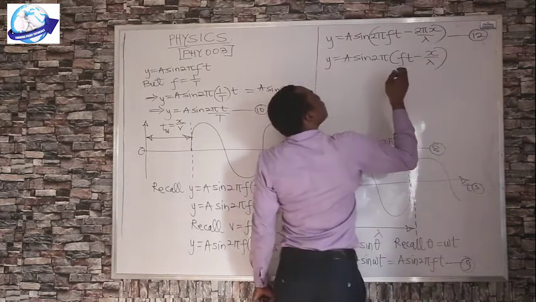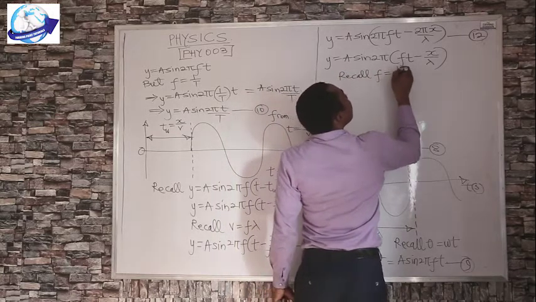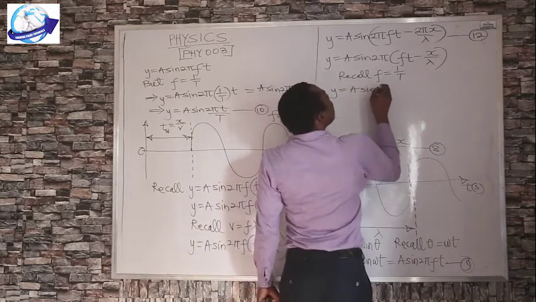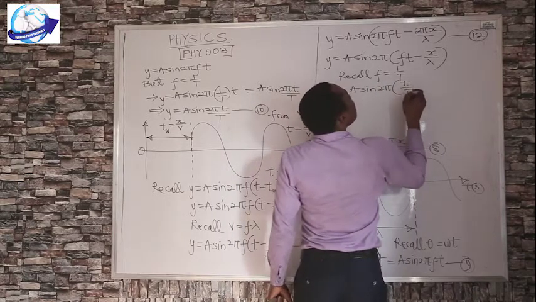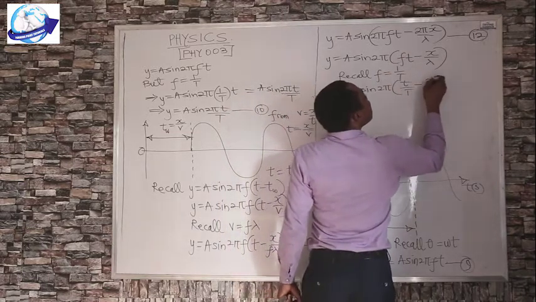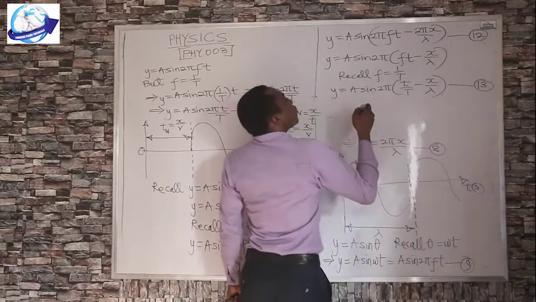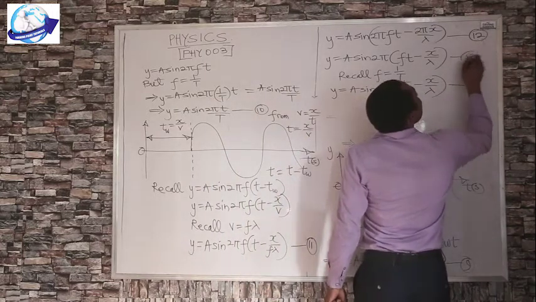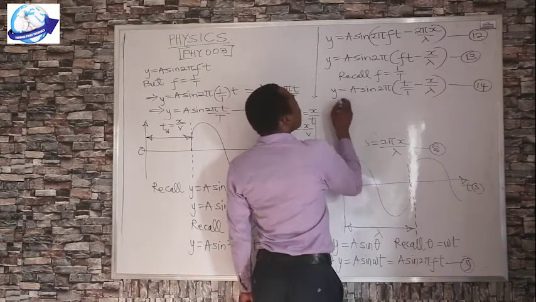This is another wave equation, but recall that f is equal to 1 over T. Therefore, y is equal to a sine 2 pi open bracket t over T minus x over lambda. That means this f is being replaced by 1 over T. This is another wave equation, 13. Then let's call this equation 13, then this is equation 14.